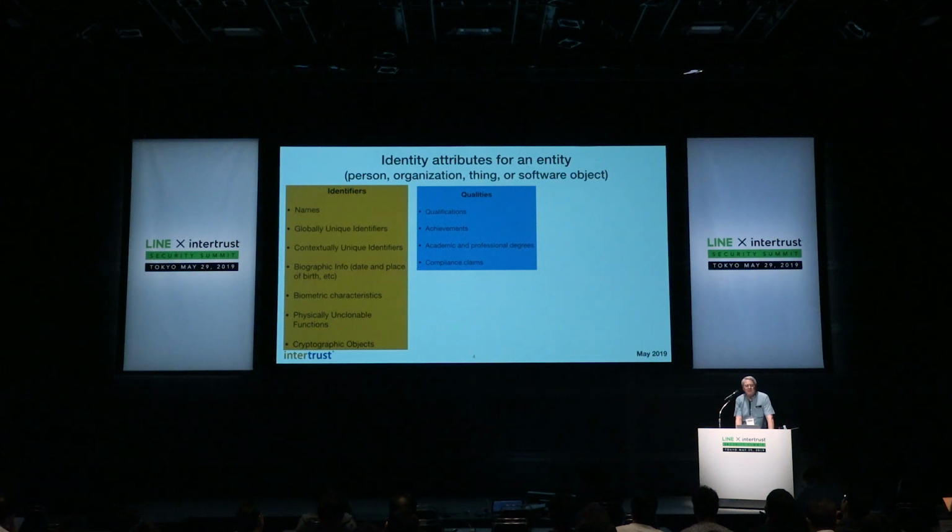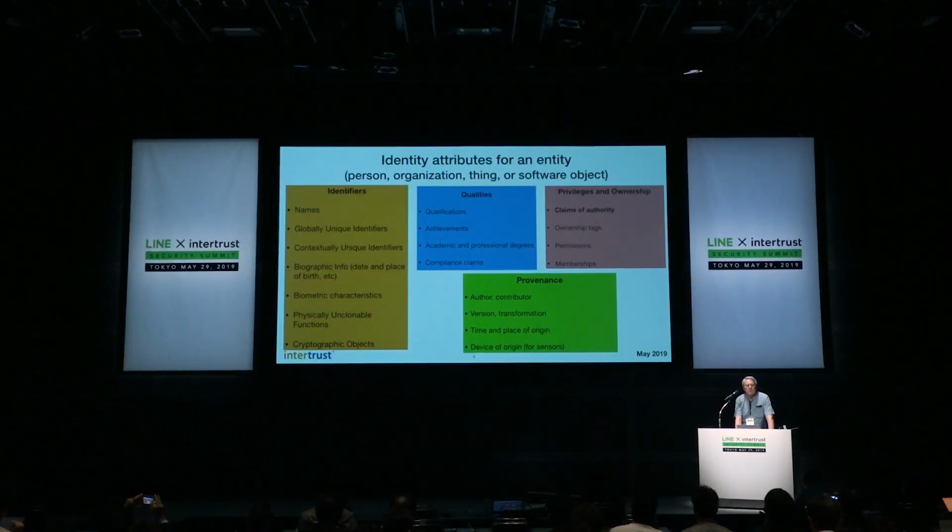All of these kinds of things are things that can be linked to identity, and something that when an application makes a decision, we may want to see what these qualities are and verify that, in fact, they are linked to the entity we think they're linked to.